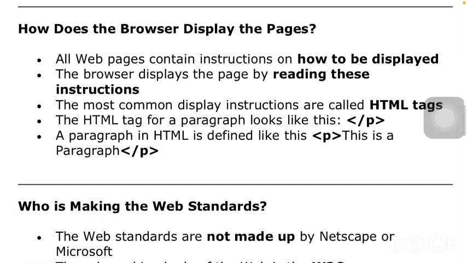The instructions are provided with tags, like the paragraph tag. That one has angle bracket P, then the closing angle bracket. That's the beginning. Then at the end of your text, you have angle bracket /P, then the closing angle bracket. So the tag has a beginning and an ending.